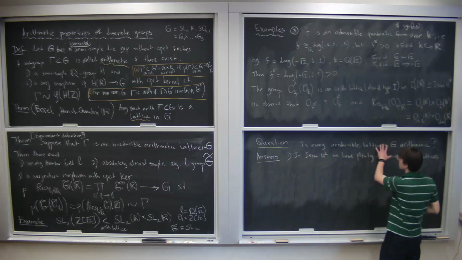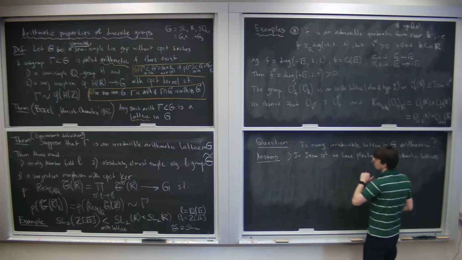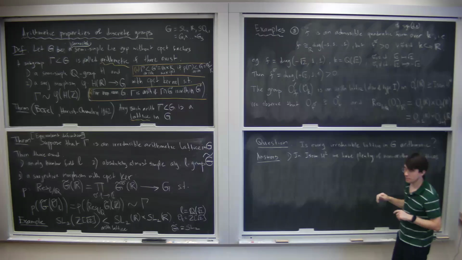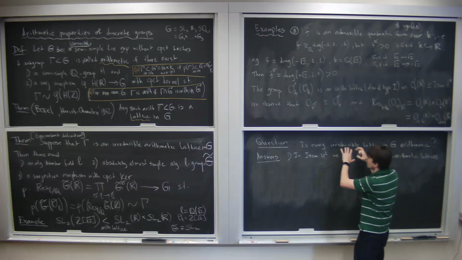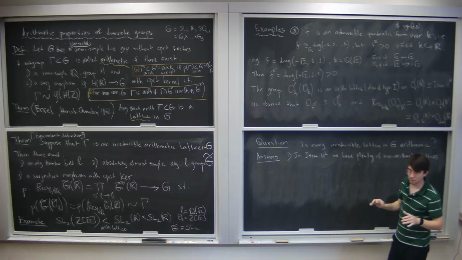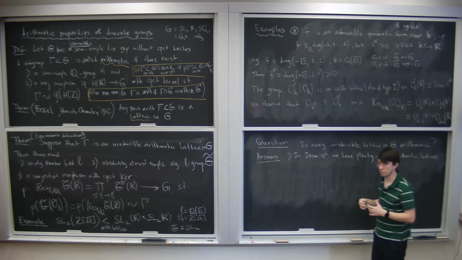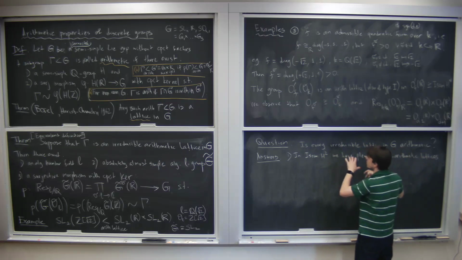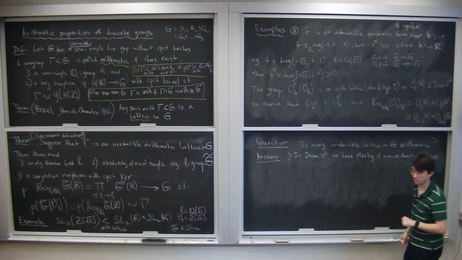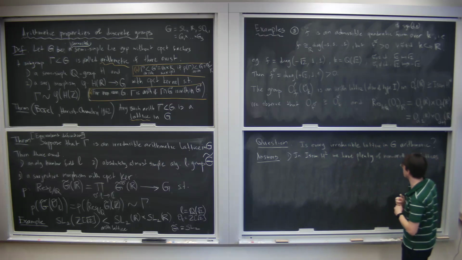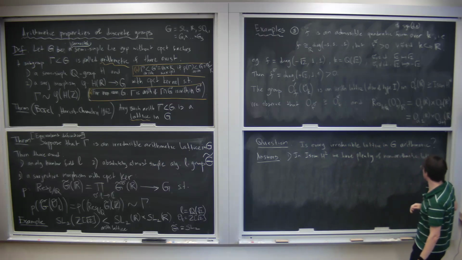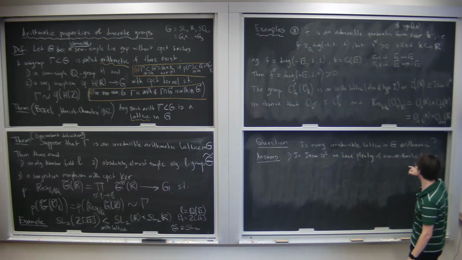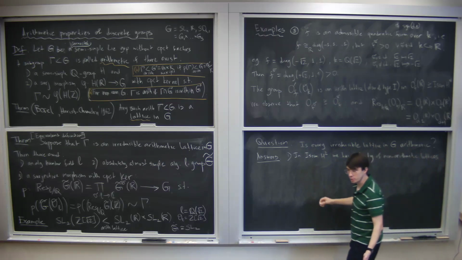Okay, I didn't define irreducibility, but very roughly, it means that it cannot be decomposed into the product of two lattices, but in fact, the definition is a bit more general. But for instance, if you have a product, it's definitely not an irreducible lattice. Okay, so in Isom H2, we have plenty of non-arithmetic lattices because of deformations, right?